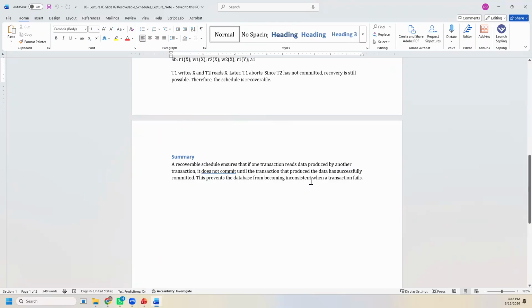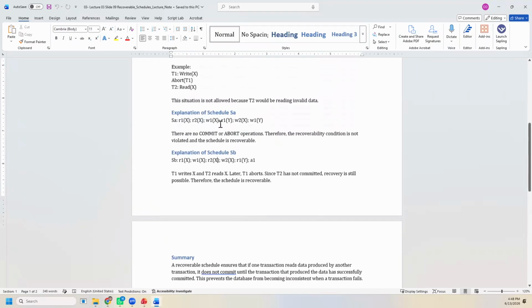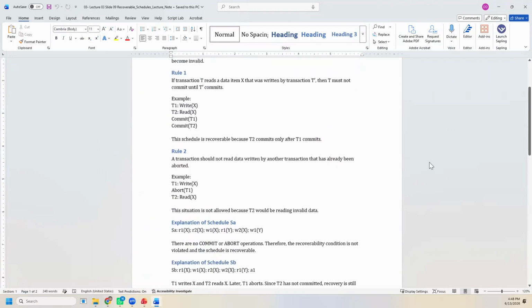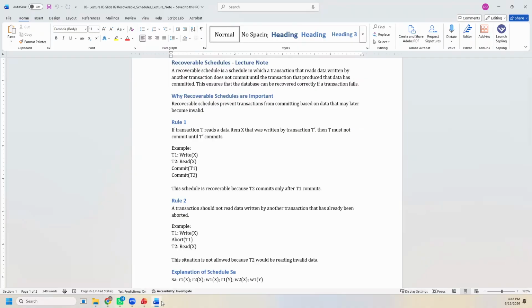If a particular transaction changes data, then that transaction should save those data permanently. Otherwise, the database may be in an inconsistent situation. So this will be prevented by using these two rules, right? So I think you can understand it now.